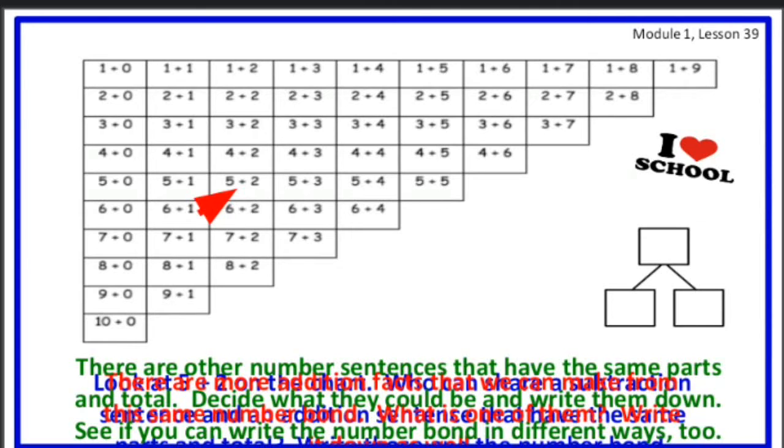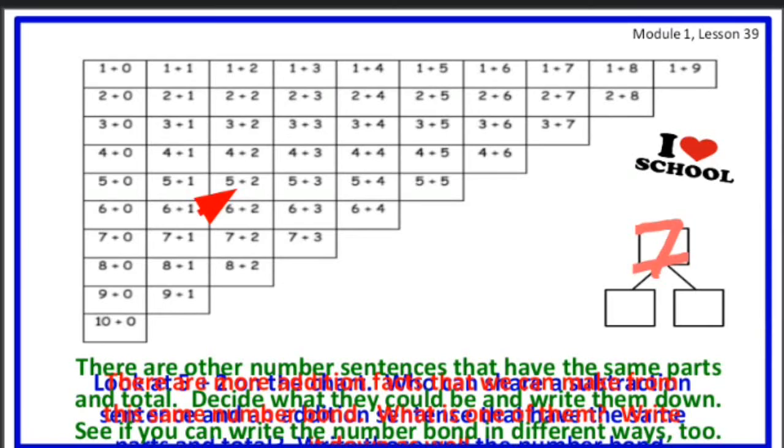First of all, what's the total of 5 plus 2? If I add 5 and 2 together, I will get 7. So 7 will be my whole.